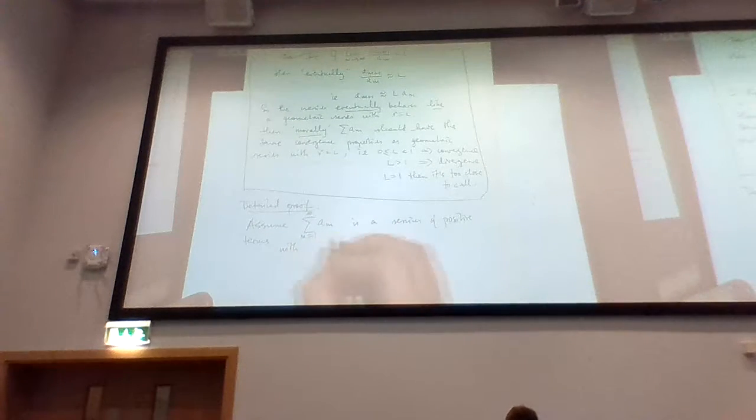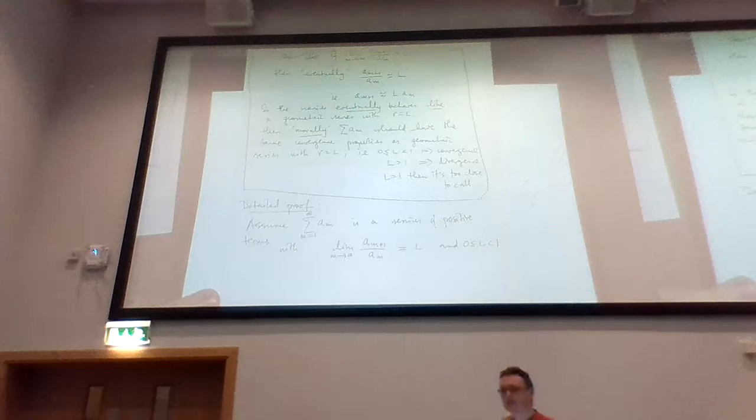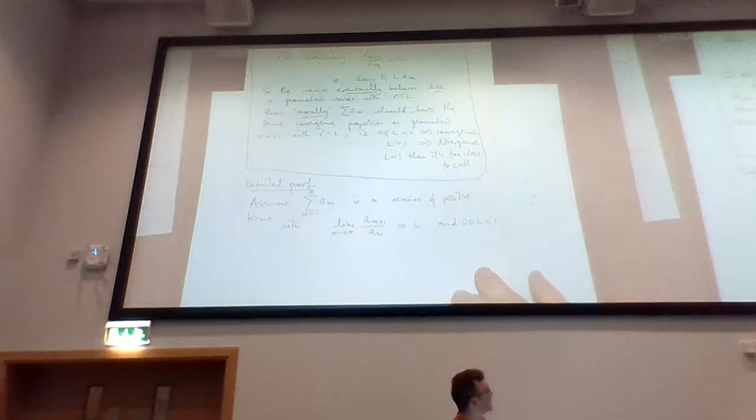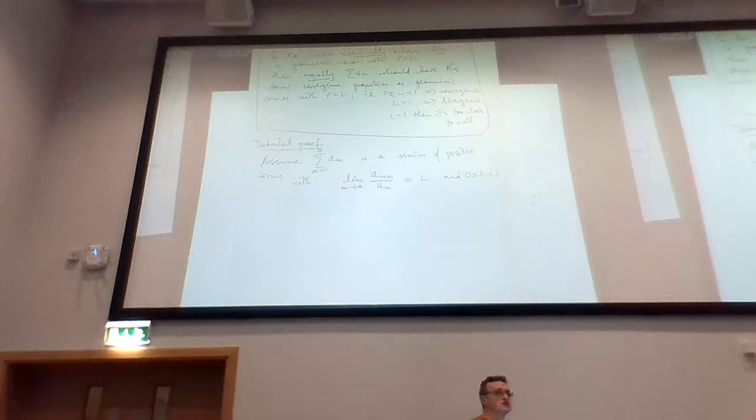And we assume that the limit of a_{m+1} over a_m exists. It's equal to L, and it's in the convergent range. It's in the range that's supposed to be convergent. So we assume all this. So our goal now is to prove that this series is convergent.